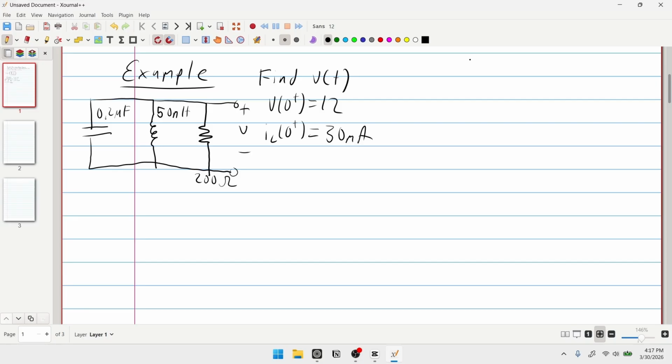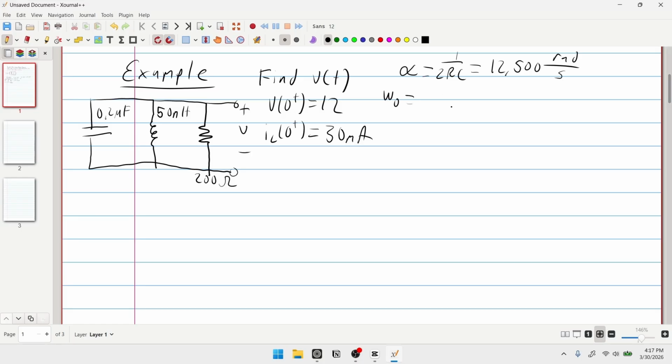Okay, so we need to find our alpha and our natural frequency, right? So alpha is equal to 1 over 2RC, as we saw in the parameters video. And so if we put that in our calculator, we get that alpha is equal to 12,500 radians per second.